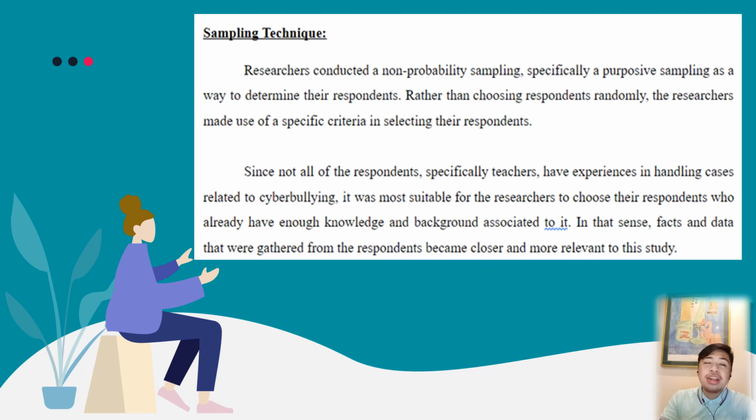So, go direct to the point, and then after that, you can elaborate your sampling techniques by stating how many target respondents will you have, by stating from where will the sample come from, pwedeng ganon, okay? So, i-mention nyo lang kung ilan at taga saan sila at bakit sila yung napili, bakit purposive ang gagamitin, why is it appropriate for your study. Yun ang ilalagay nyo sa section na ito.